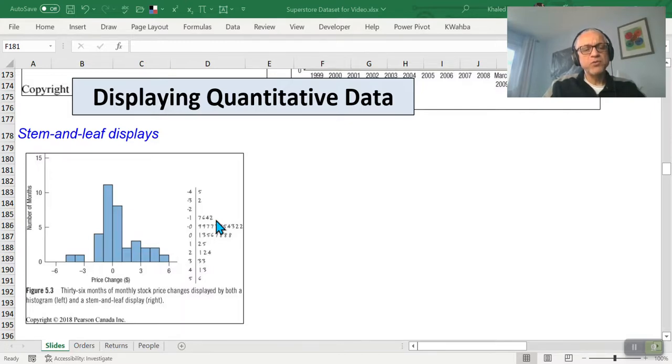So from now on, understand that stem and leaf is only possible if you have few data, maybe 30, 40, or 50 at most, because it's a handwritten exercise. You cannot use a computer to do it.